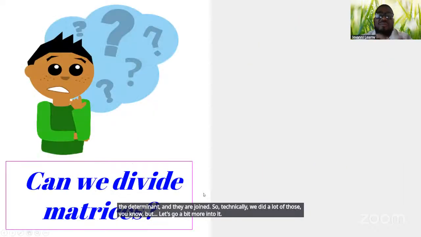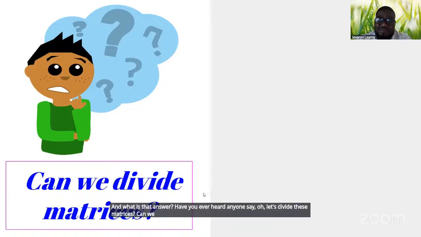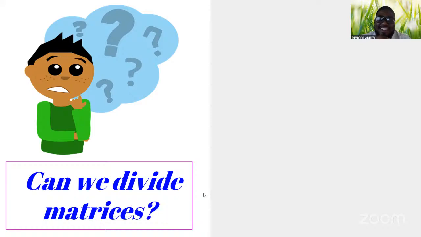Now, the question that you might ask, can we divide matrices? Have you ever heard anyone say, let's divide these matrices? Can we actually divide a matrix? Remember the operations: add, subtract, multiply, divide.